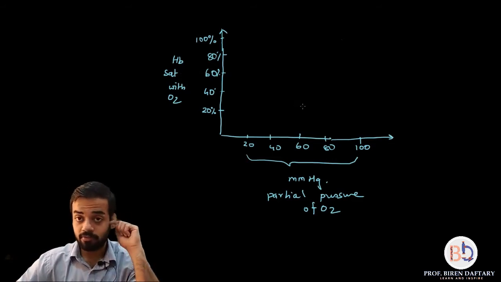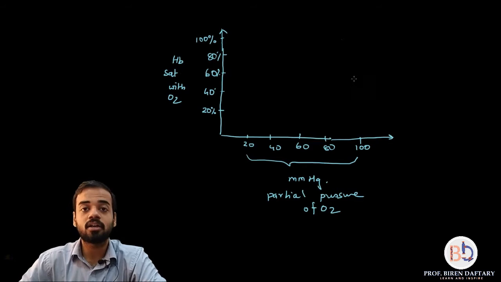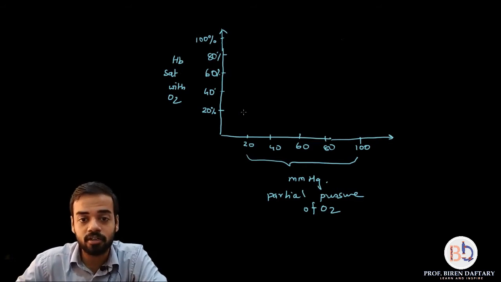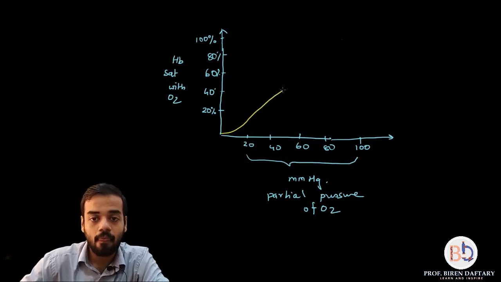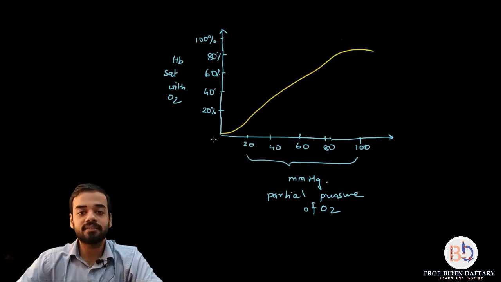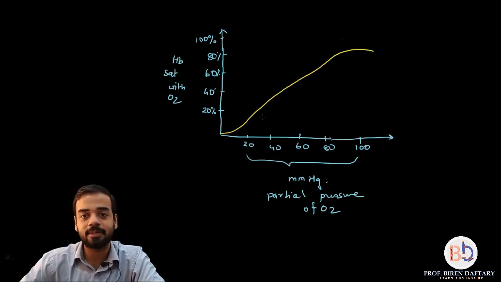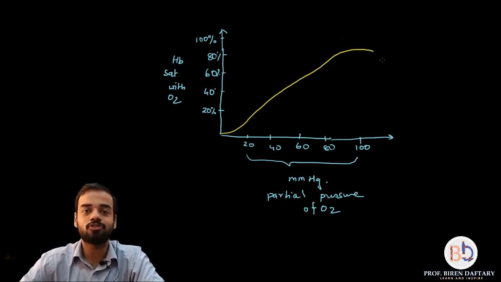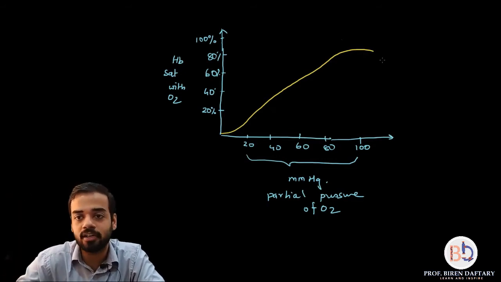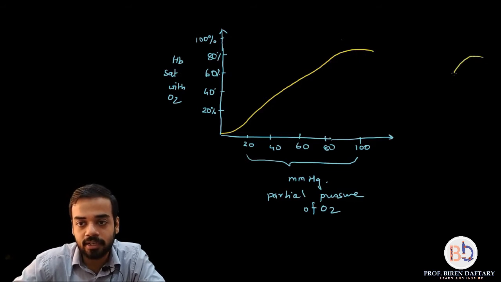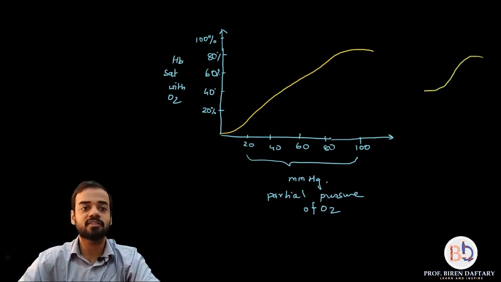Okay, so normally when such a graph is plotted, the curve which is obtained is a sigmoid curve. So the graph is like this. It is slightly an S-shaped curve, if you can see. It is not exactly like S, but this is called a sigmoid curve.